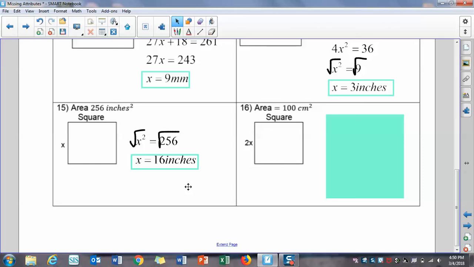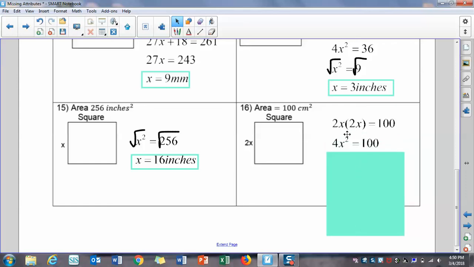So one more example, we have the area of this square is equal to 100 centimeters squared. So this square is 2x by 2x. So we're going to have 2x times 2x. So 2 times 2 would give us that 4, and x times x would be x squared. Setting that equal to 100, we want to do the inverse operation of multiplying by 4 to both sides, which would be to divide both sides by 4.